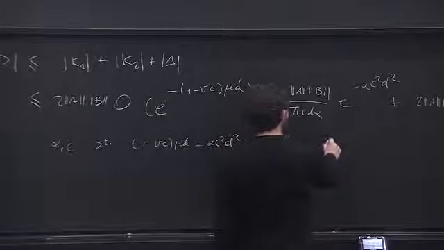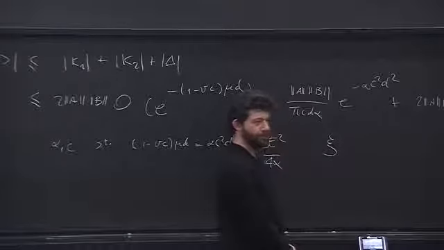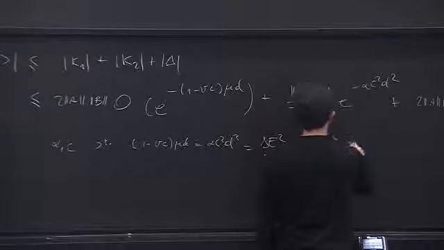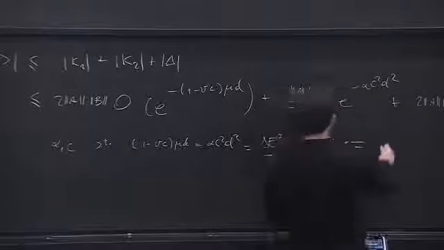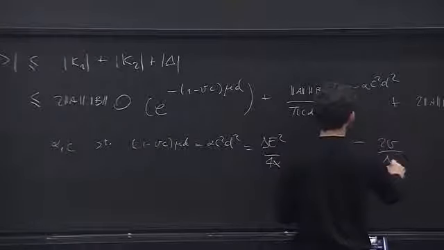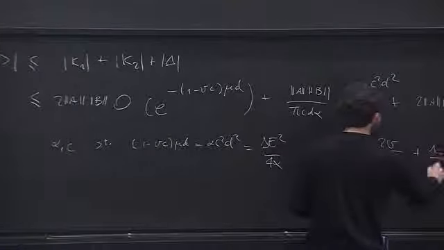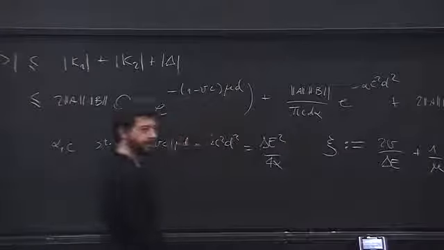Now let me define psi. Let me define psi as 2b over the gap plus 1 over mu. Mu is our parameter in the Lieb-Robinson bound.